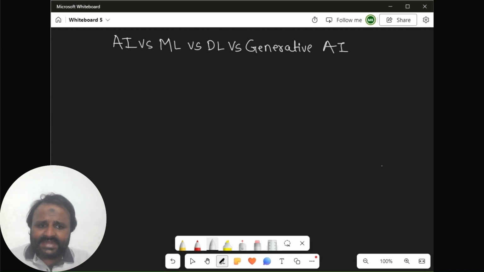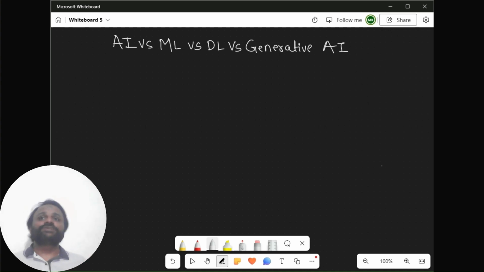So let's first understand the distinction, and then we will talk a little bit about generative AI, what exactly discriminative and generative models are, and different models from deep learning.